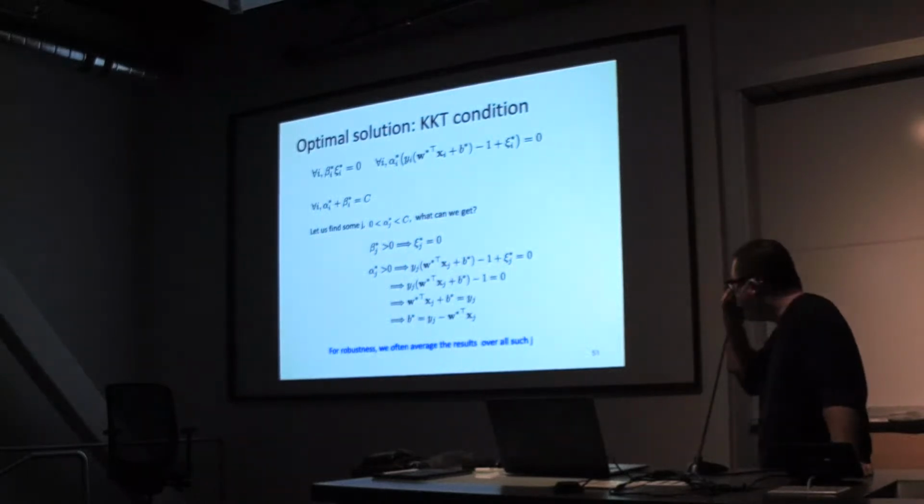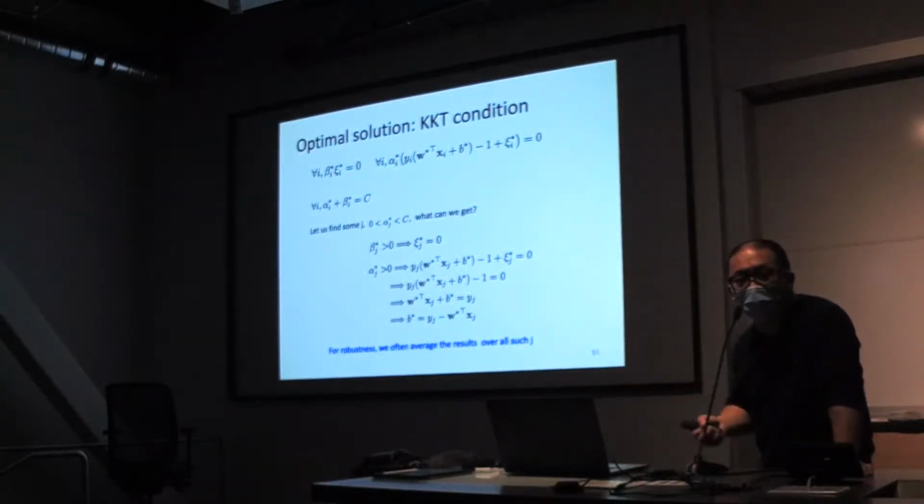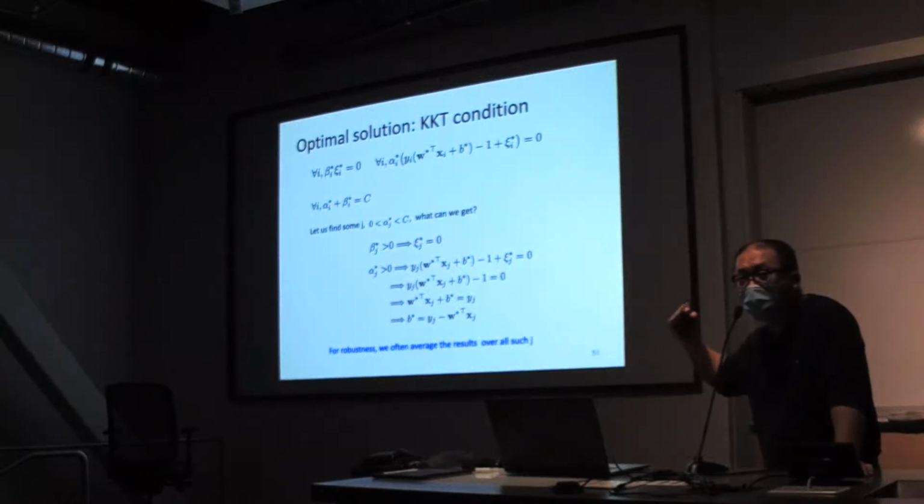So now, after we have talked about how to recover the optimal weight vector W and bias parameter B from the dual solution, right?